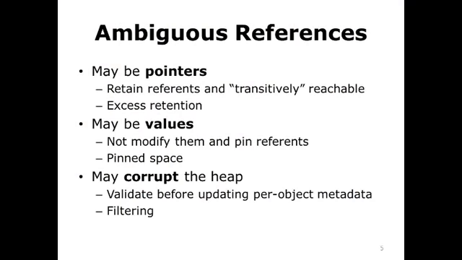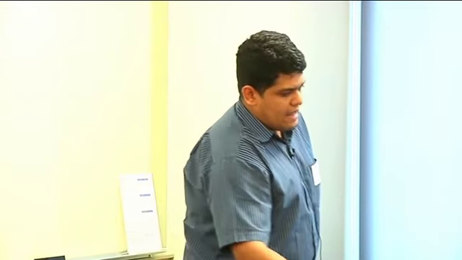Now let's have a look at what ambiguous references are. There can be references from the stack to part of the heap, and when we don't have any GC maps, the reference may be a pointer. When it may be a pointer, we must retain the reference and also everything that is transitively reachable, because we don't have an exact GC map.